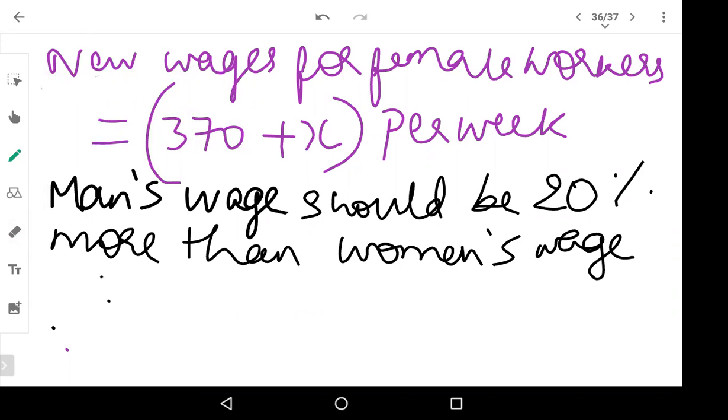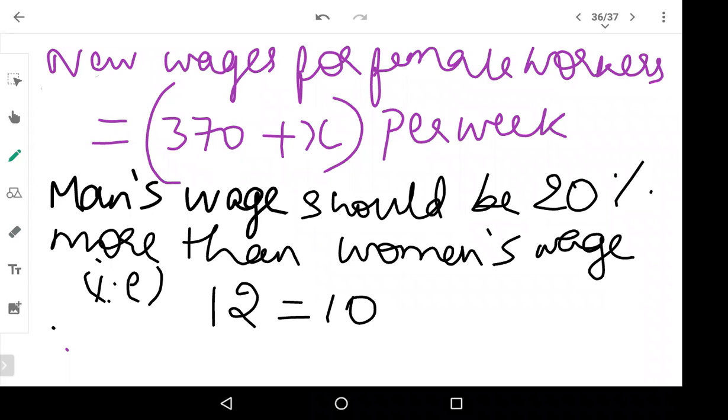That is what they are trying to say. If man's wage is, let's say, 12 rupees, women's wage should be 10 rupees.